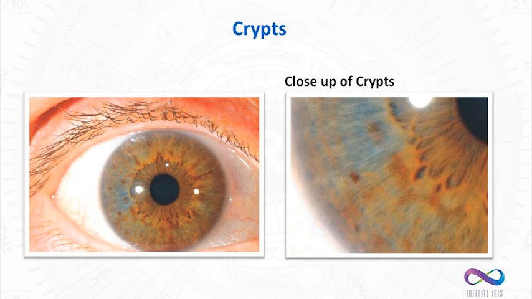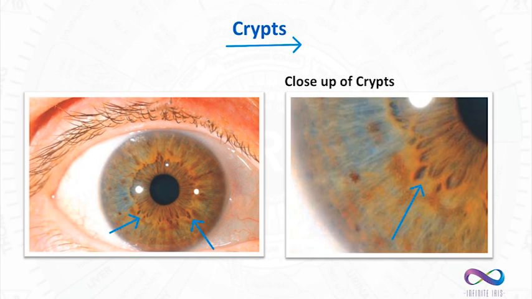Now we're going to talk about crypts. Crypts are areas in the iris that are small lacunae with borders all the way around them. We see these little crypts usually inside and outside of the collarette. They're usually very dark and separated to the lowest levels, or the posterior epithelium layer.